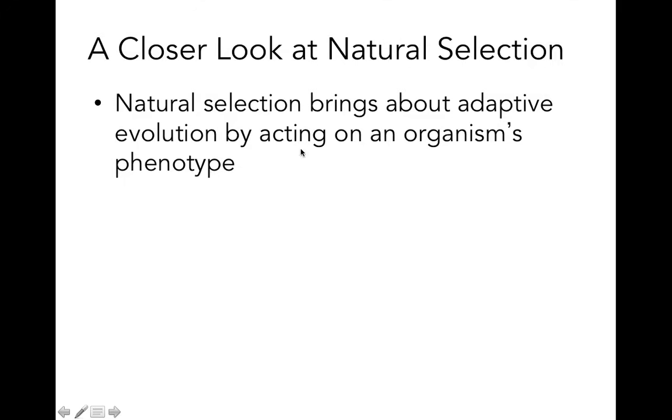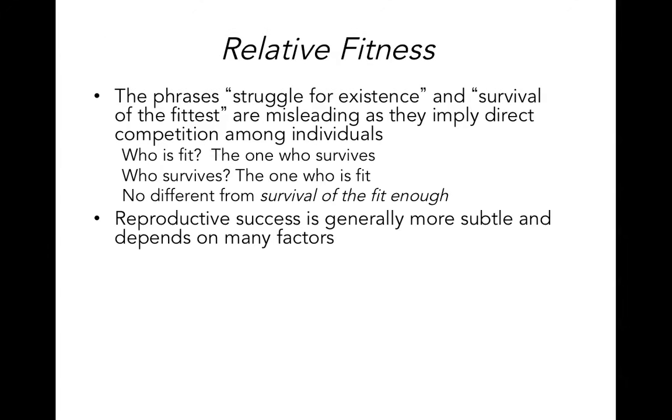So natural selection brings about adaptive evolution by acting on an organism's phenotype, but the basis of that is from its genotype. Now, what does it mean to be fit? So Darwin in his book talks about the struggle for existence. He did not say survival of the fittest.